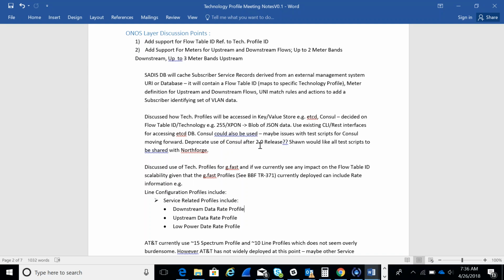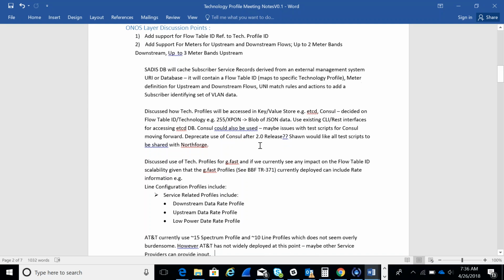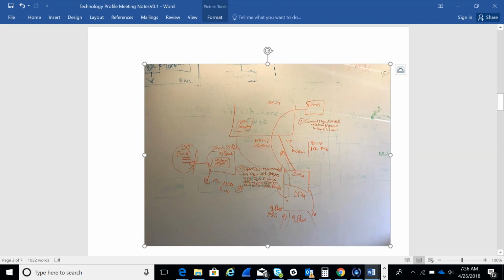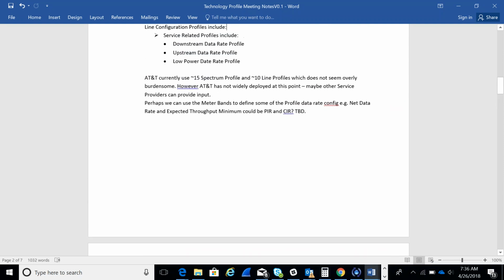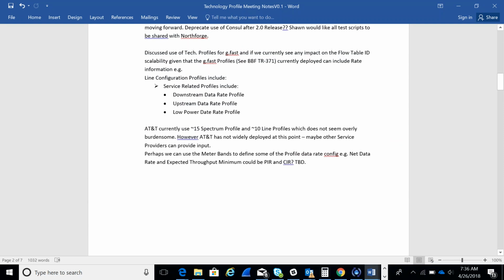As part of our discussions, we also touched on G.fast. There are a couple of whiteboard pictures in this document as well. We talked about viewing the DPU as a separate OpenFlow switch, as we were discussing a few minutes ago. There are two models.